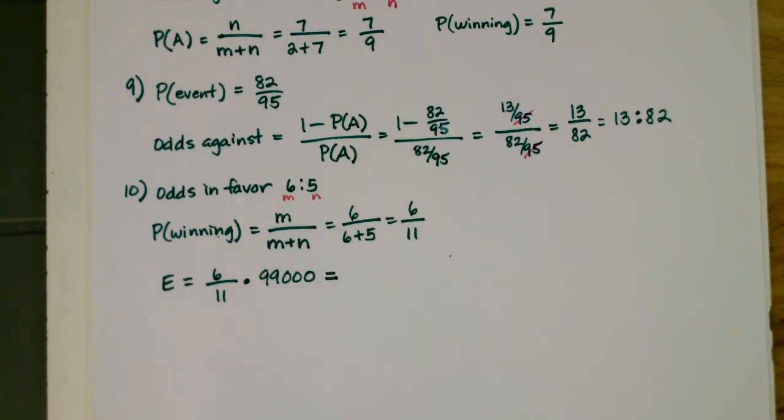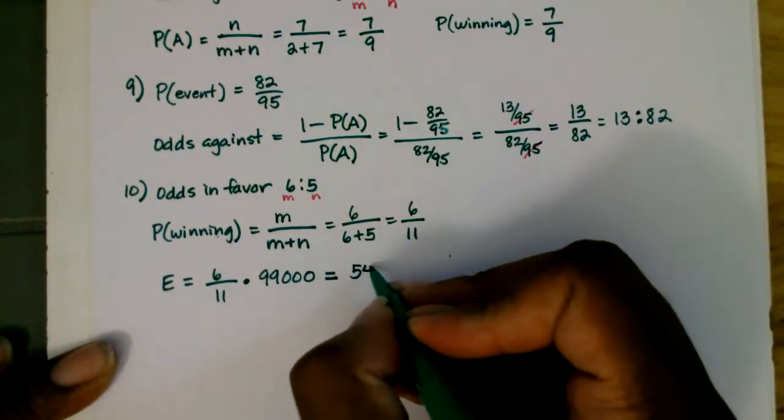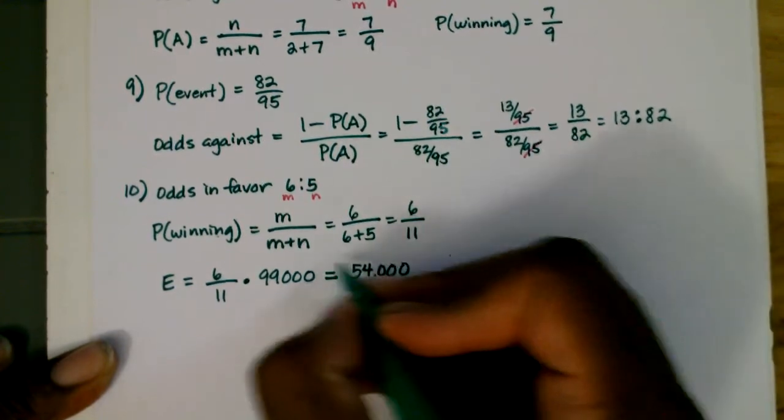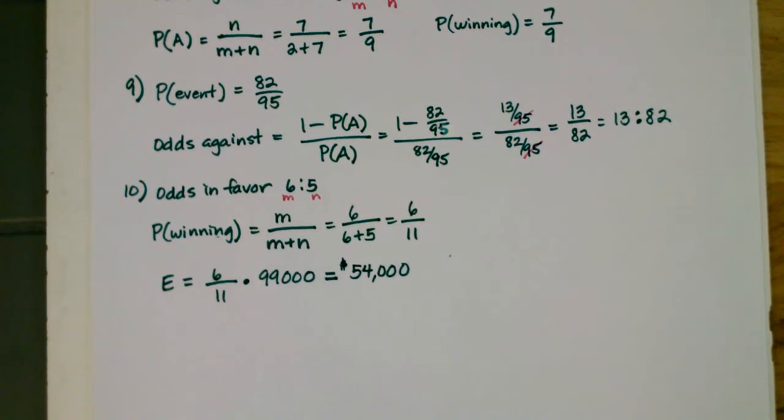So what I'm going to do here is do 6 times 99,000 divided by 11. And that amount that I come up with is 54,000. So the expected value of Fast Leg's winnings would be $54,000. Okay, so that's how I do that problem.